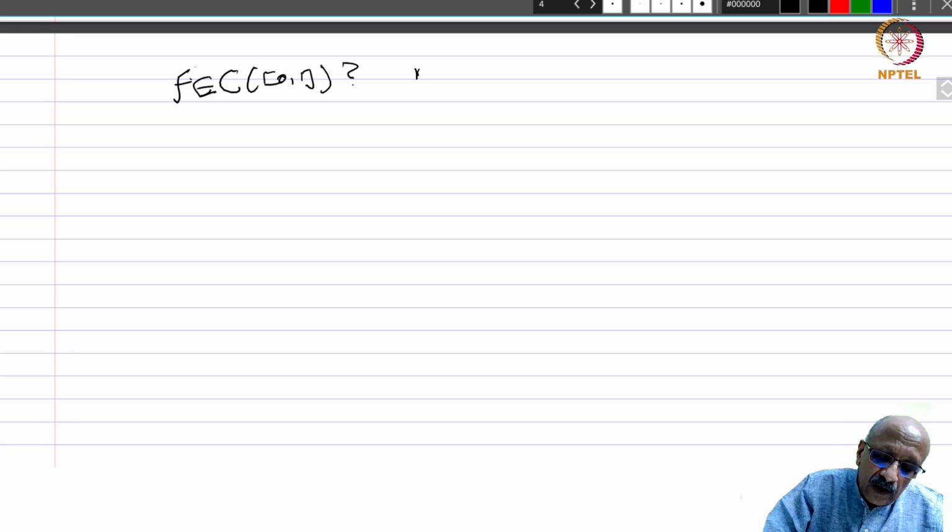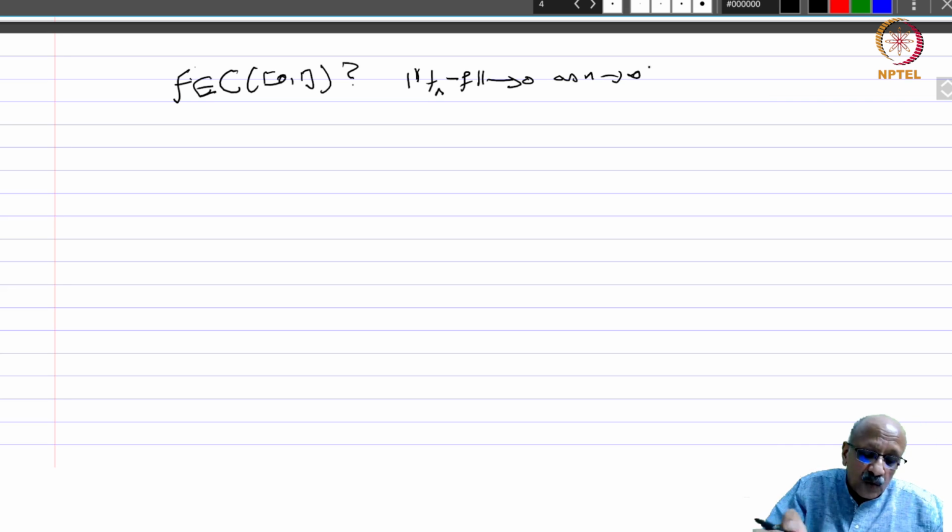And then of course we need that the norm of f_n minus f tends to 0 as n tends to infinity. If we answer these two questions in the affirmative, then the Cauchy sequence will have a limit, and therefore the space will become a Banach space.